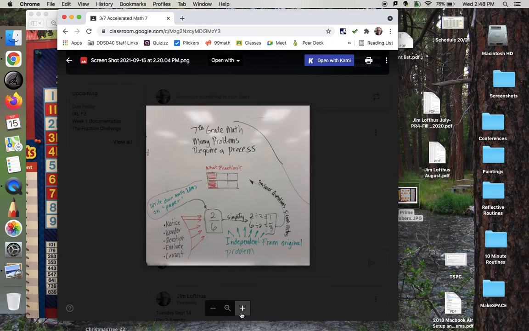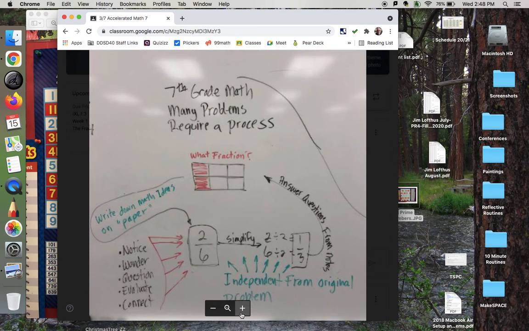So the process has to be written on paper. I put quotes because it could be a computer, but it has to be a separate place. That way we have space to notice and wonder and question and evaluate. And then we have to be sure that that is independent from the original problem where we're doing that work. And then we go back.